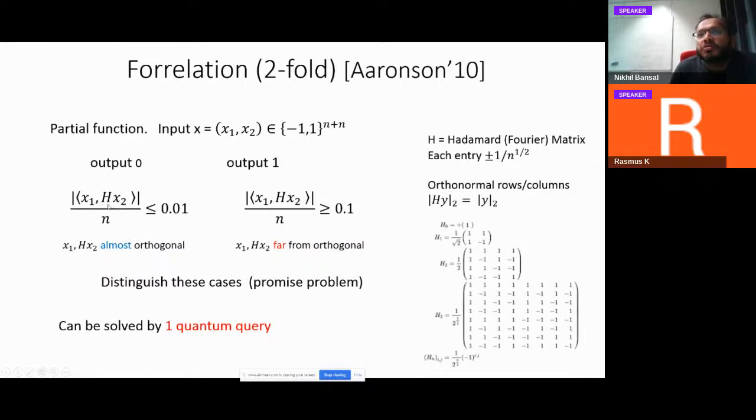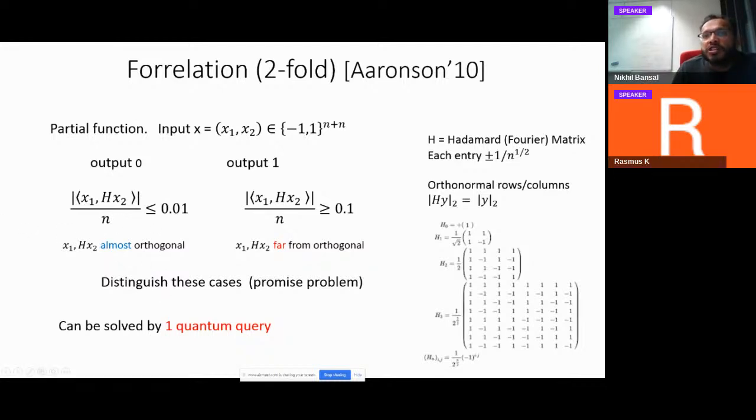Now this number, the inner product of x1 and H of x2, is always between -n and n, because x1 and x2 are vectors with entries +1 and -1, so they have L2 norm root n. H of x2 also has L2 norm root n because Hadamard preserves the L2 norm. So this quantity is between -n and n, and divided by n it is between -1 and 1.